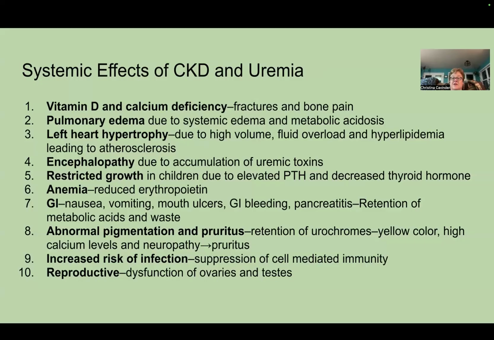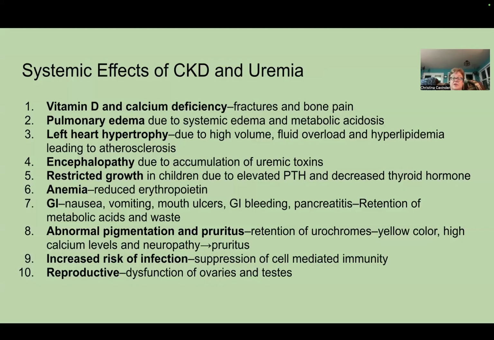GI issues like nausea and vomiting, mouth ulcers, GI bleeding, pancreatitis, and this is due to retention of the metabolic acids and waste. Abnormal pigmentation and pruritus, or itchiness, and that's due to retention of the urochromes. So your skin will have a yellow color. You have high calcium levels and neuropathy, and that can cause pruritus or that itchiness.